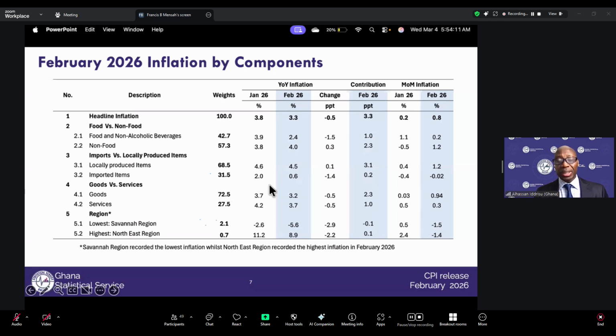If previously you had registered very high inflation rates, that's when the base effect kicks in. If you compare today's slower increases to last year's sharp spikes, that can also reinforce the disinflation trend. So it's all of these factors that come together to determine what the inflation rate would be.